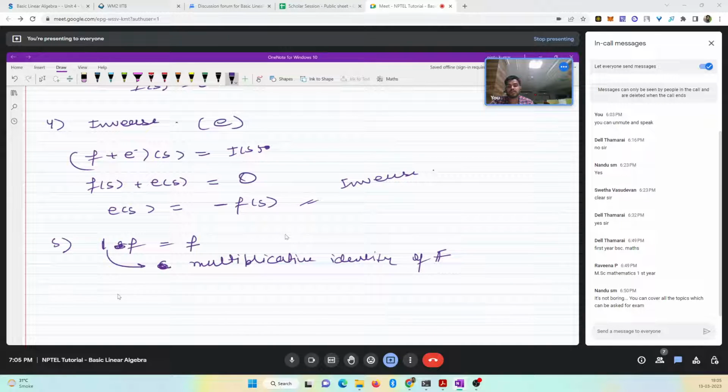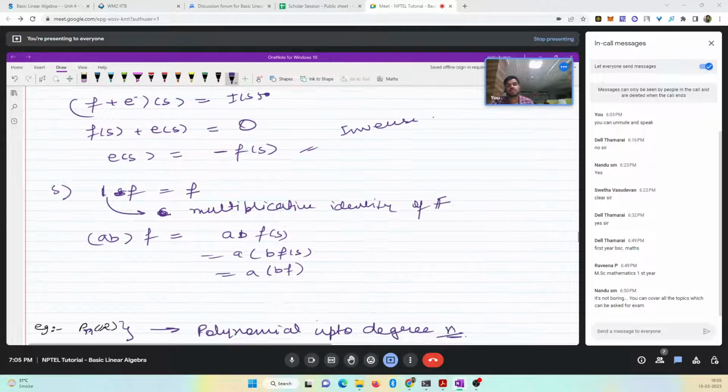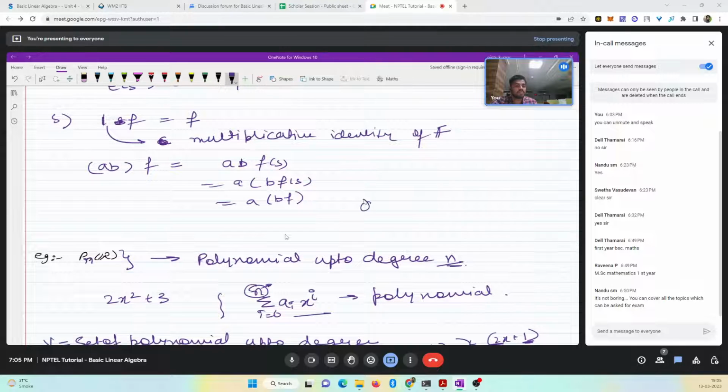Next one was that ab times f of s is equal to a times b times f of s. This is ab times f. This is the same, right? And the distributive properties you can similarly check.